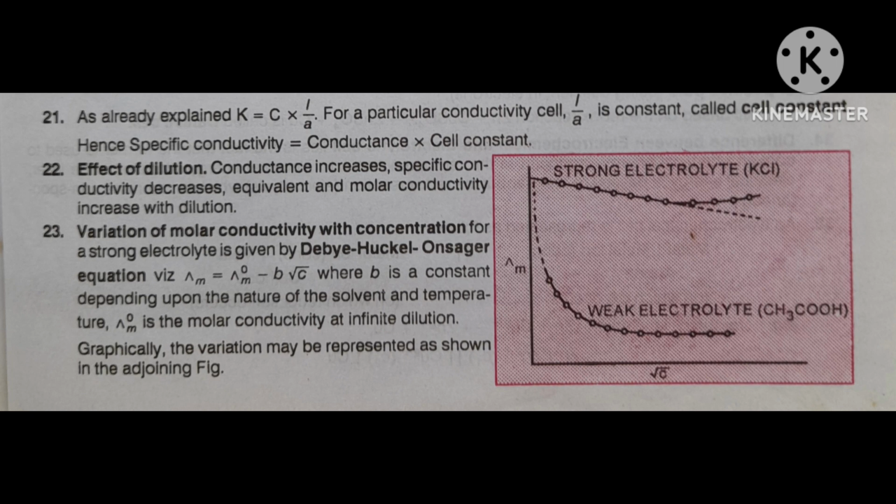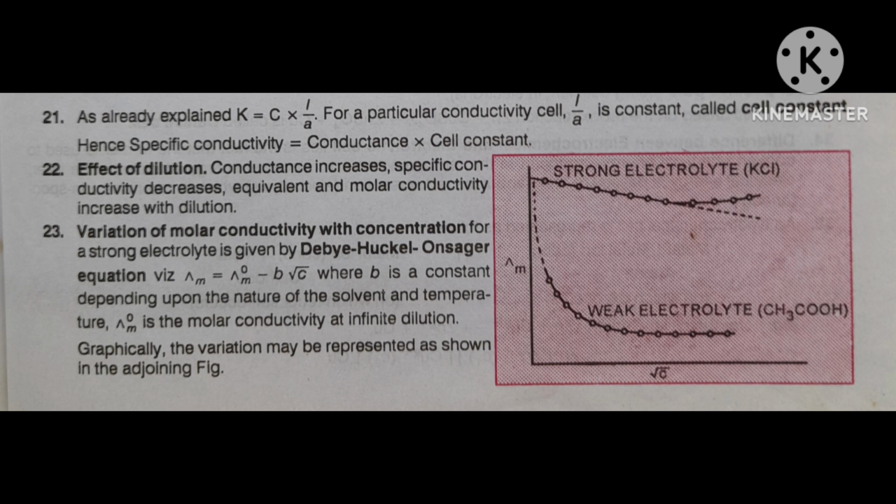When root C value was very small, the molar conductivity was also very low. But as the concentration increased, the molar conductivity increased a little in the case of the weak acid, acetic acid, and after that it becomes more or less constant with increase of concentration.